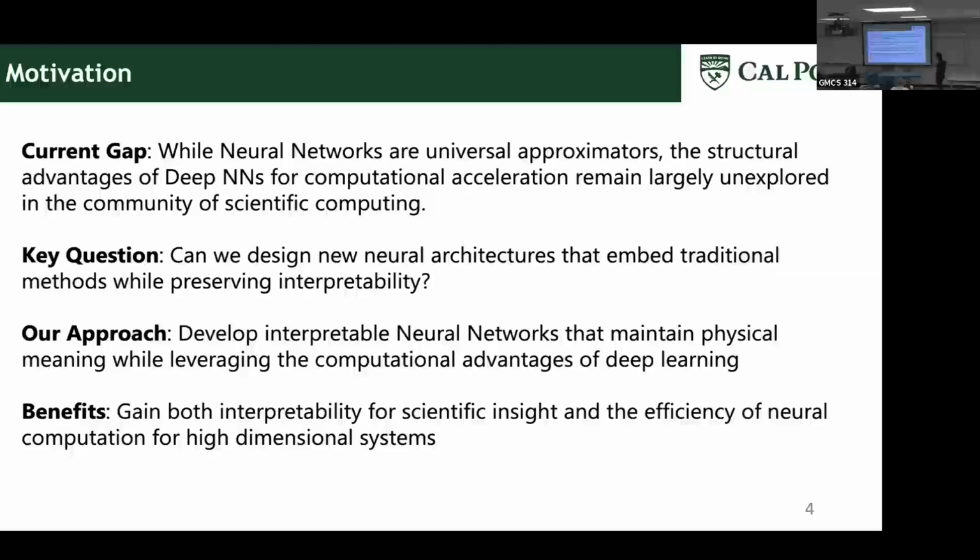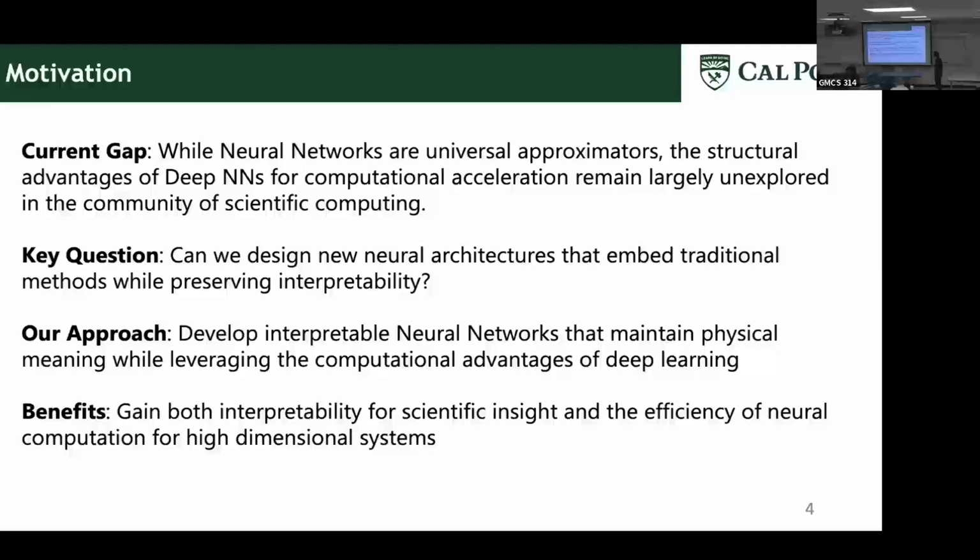But in our scientific computing community, a lot of attention has focused on the universal approximator, while the structural advantage of neural networks for accelerating computing is somewhat unexplored.